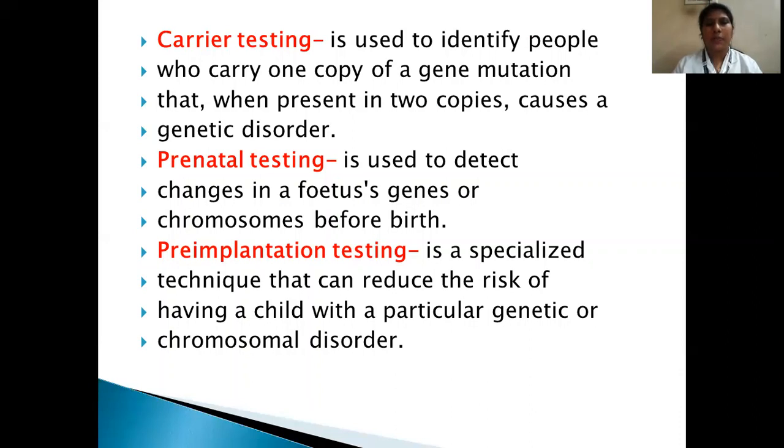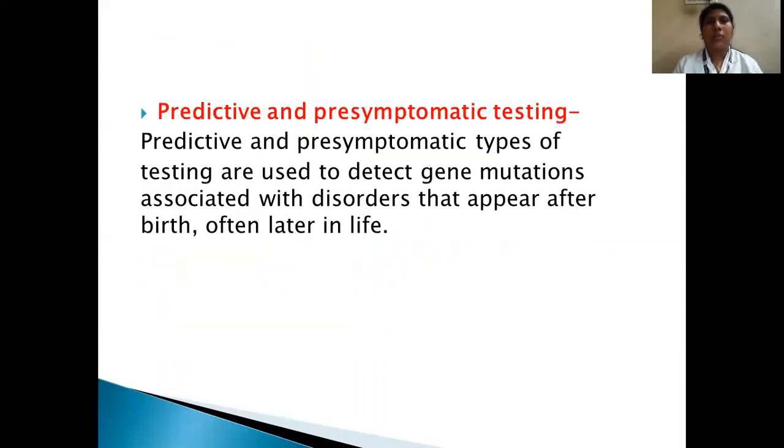Pre-implantation testing is a specialized technique that can reduce the risk of having a child with a particular genetic or chromosomal disorder. The last one is predictive and pre-symptomatic testing, used to detect gene mutations associated with disorders that appear after birth, often later in life.